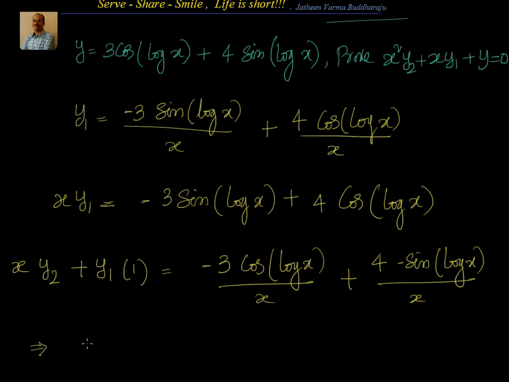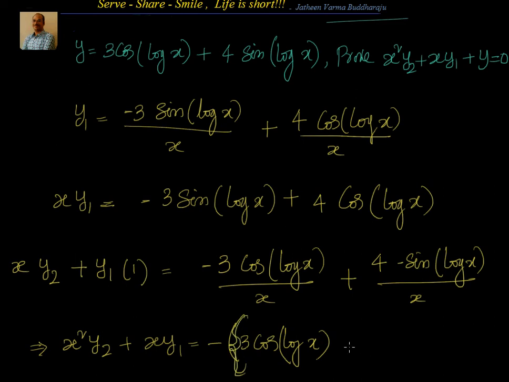If you take x and multiply on the other side, you will have x square y2 plus x y1 equal to minus of 3 cos log x plus 4 sin log x, which is nothing but equal to y.